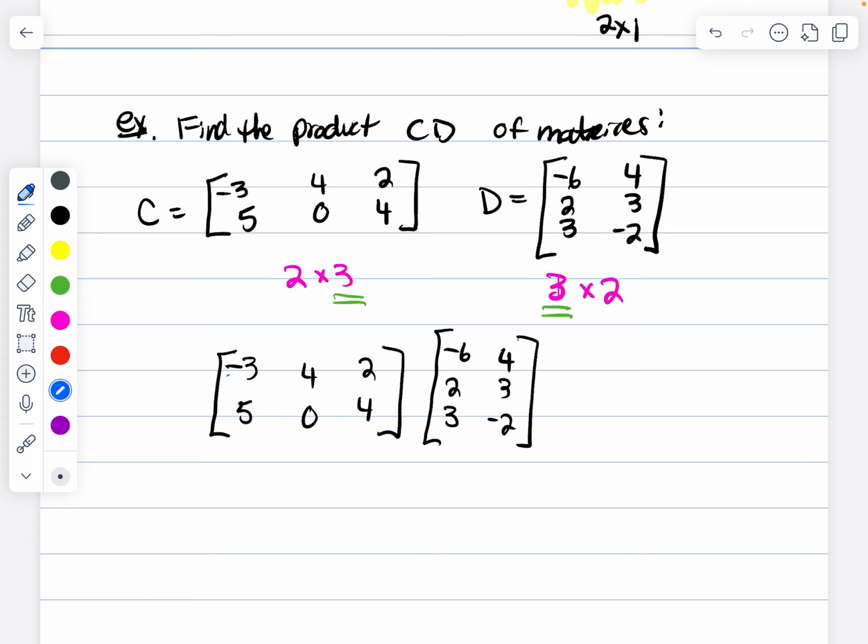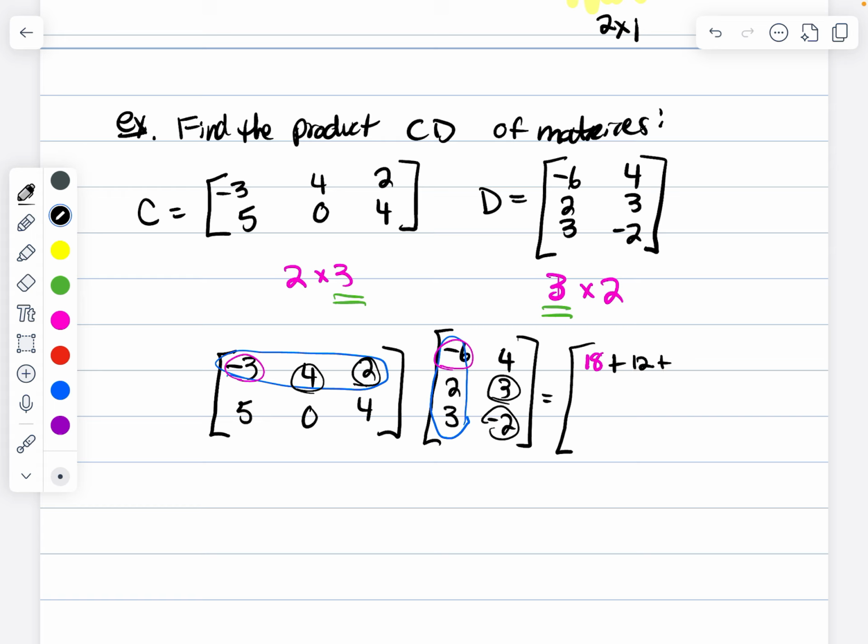And what we're going to do is take our first row times our first column. And so we're expecting a 2 by 2. So we take negative 3 times negative 6. That gives us a positive 18.